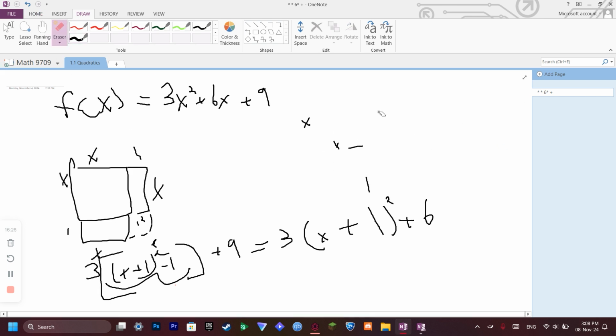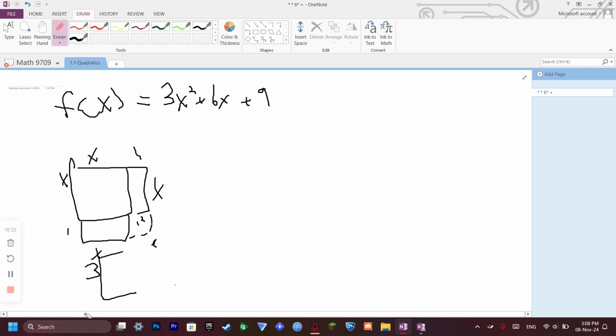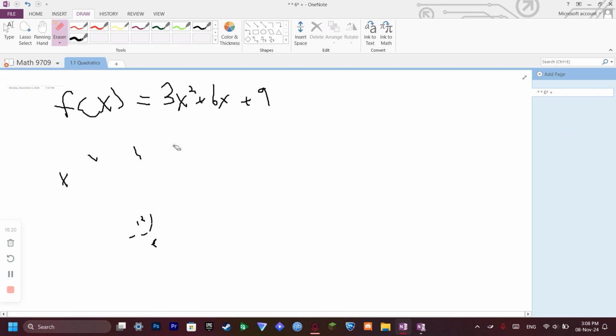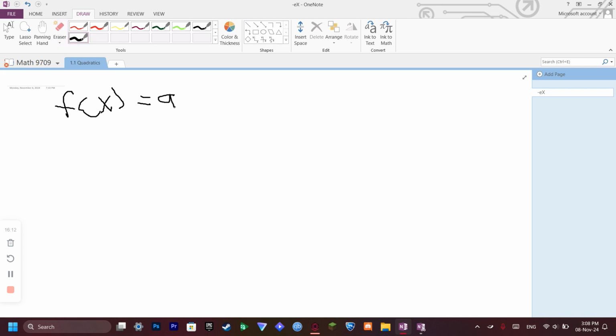Now let's try to do this for a more general solution. Instead of doing this every time, let's think like the most general quadratic. It's ax squared plus bx plus c.